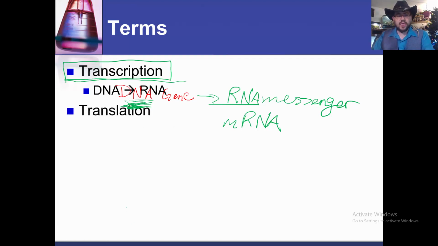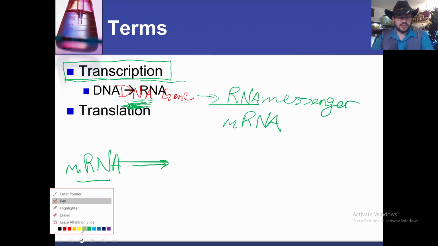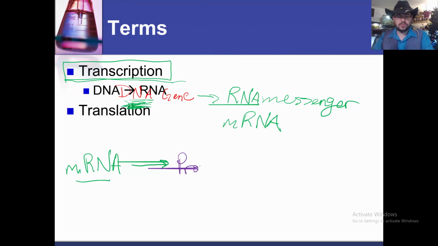Translation, however, is where we change languages. In translation, we have our nucleic acid language in the form of RNA, the mRNA we produced in transcription, and now we need to translate it to a different language, and that language is protein. In other words, we're going from nucleic acids to amino acids.